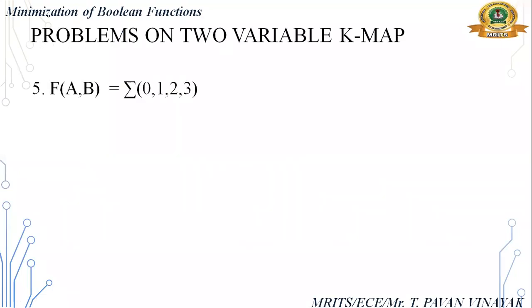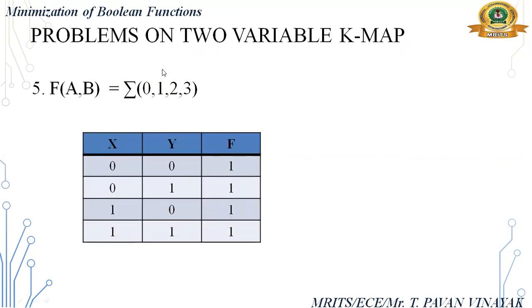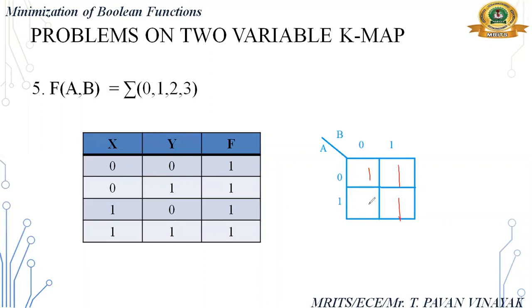Next. Sigma 0 comma 1 comma 2 comma 3. So I am writing the truth table. I given a plus b, here also write a plus b. Next I am putting 4 ones. 1 1 1 1. So we get a quad, right? 4 ones are available.